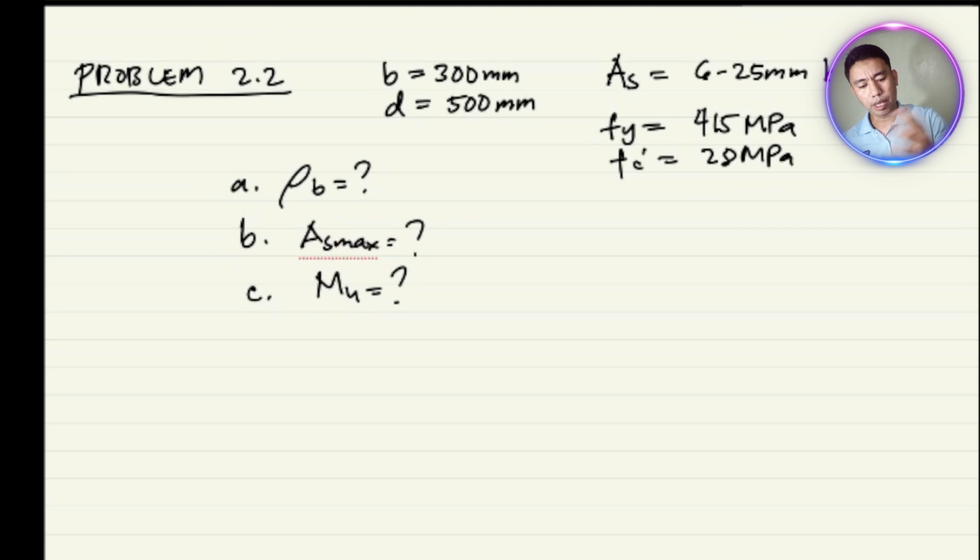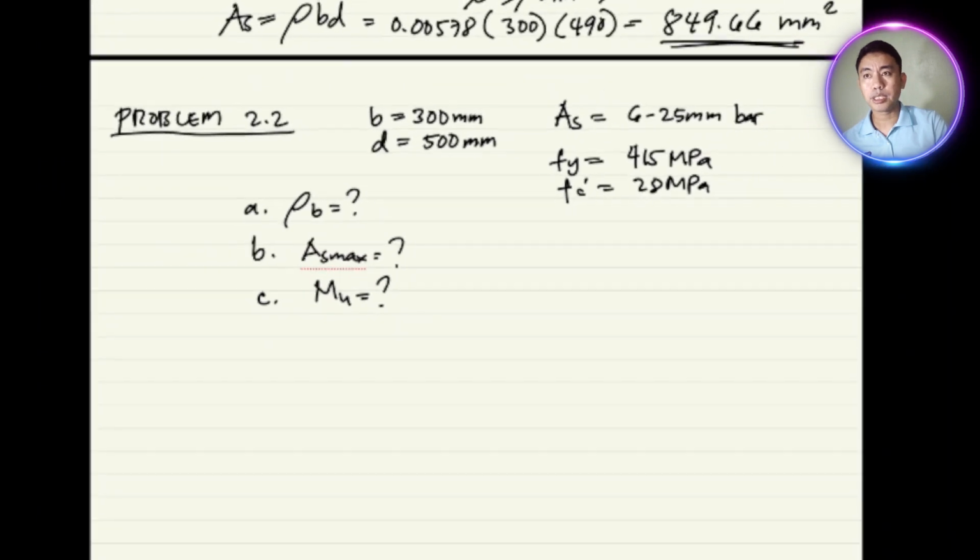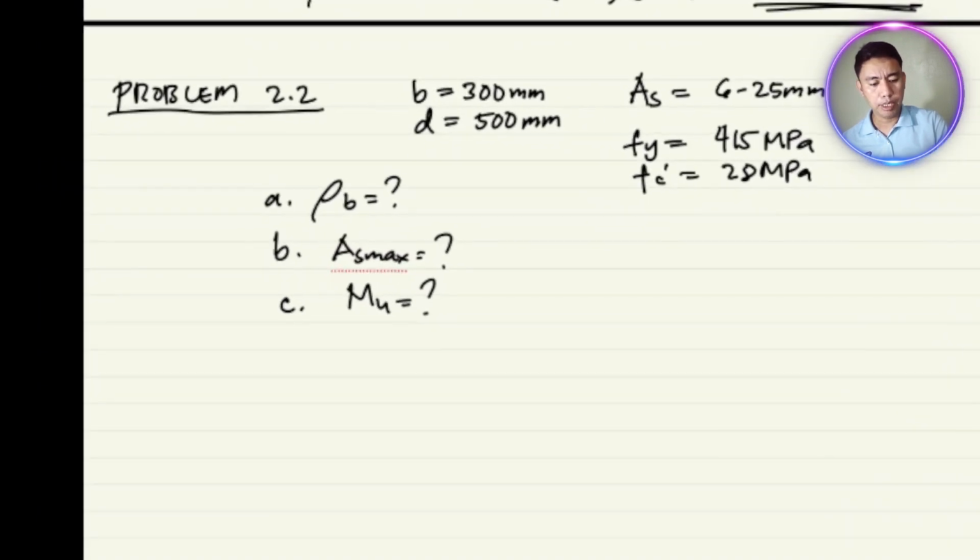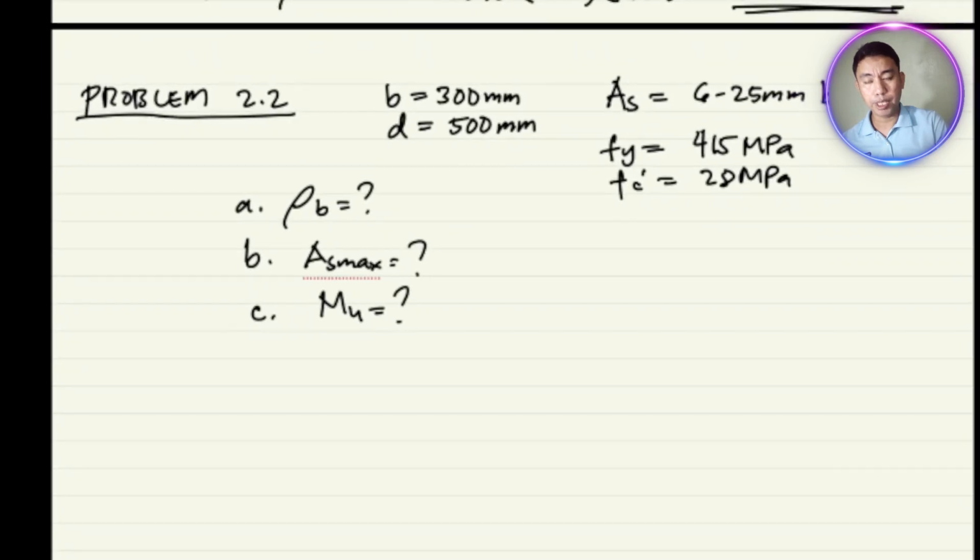Kanina, given ang MU, hanapin yung area ng bar. Ngayon, we have the area ng bar, 6 25 mm. Okay, so this is 6 25 mm bar. And then having Fy of 415 megapascal and Fc prime is 28 megapascal.